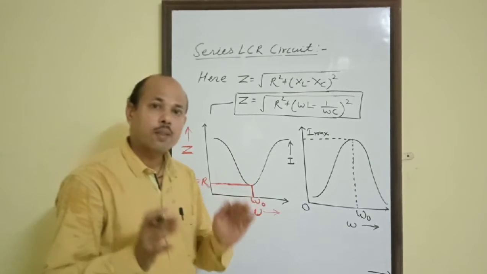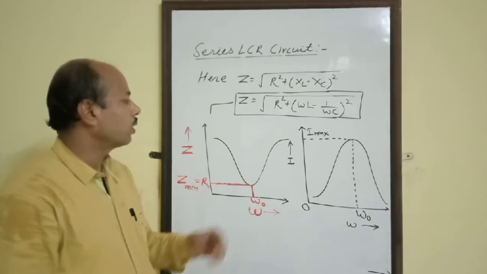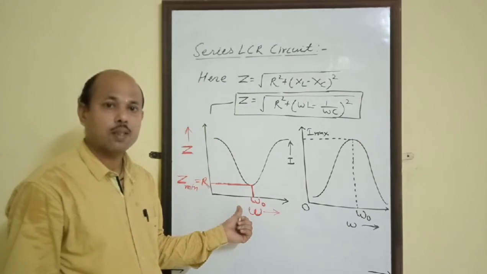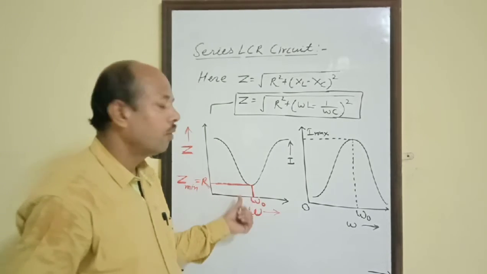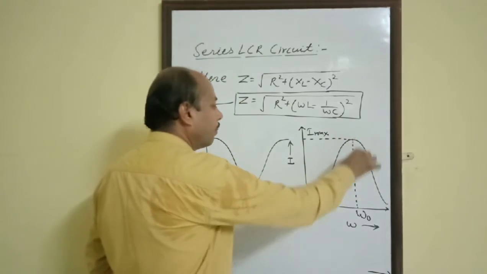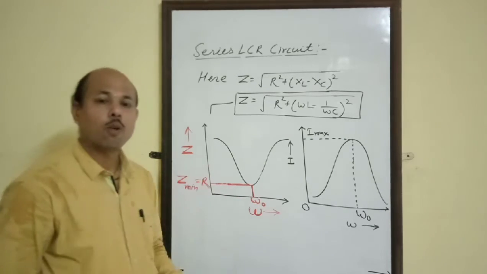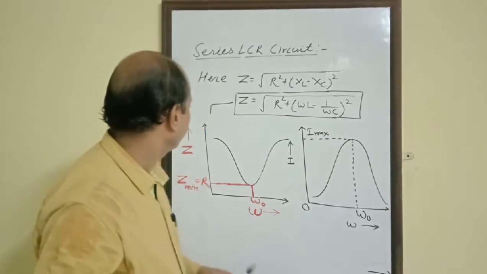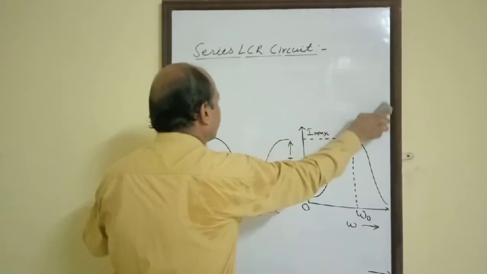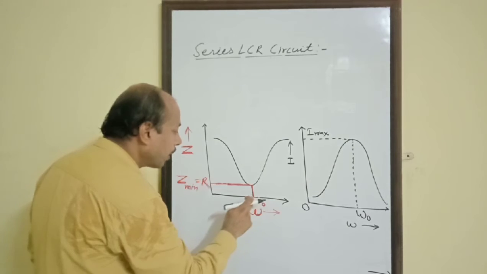The frequency at which impedance of the circuit becomes minimum and current through the circuit becomes maximum is known as resonant frequency or resonant angular frequency, and this phenomenon is known as resonance. It can occur only at a particular frequency.